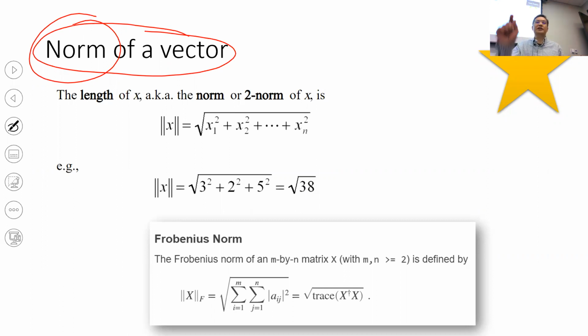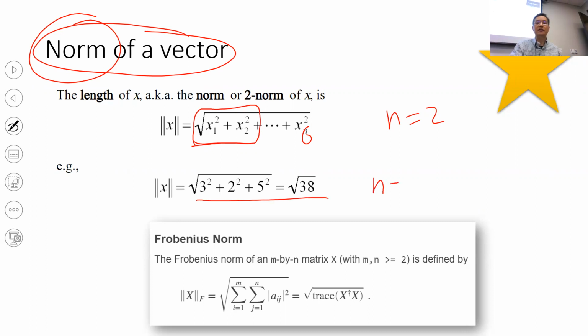Okay, so if you have a vector in n dimensions, you have x1, x2, x3 to xn. Now let's just think about this at n equals 2. In this case, you reduce your norm definition into something like this, right? Only 2. So what it is: x1 squared plus x2 squared, and the square root of the sum. So that's a norm. In this case, you have 3 dimensions as an example.